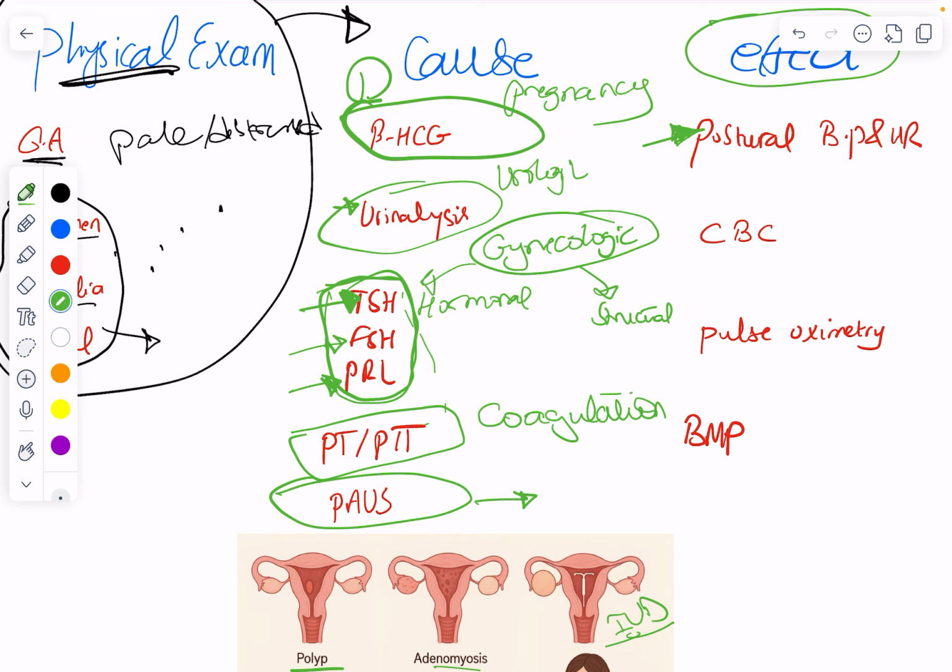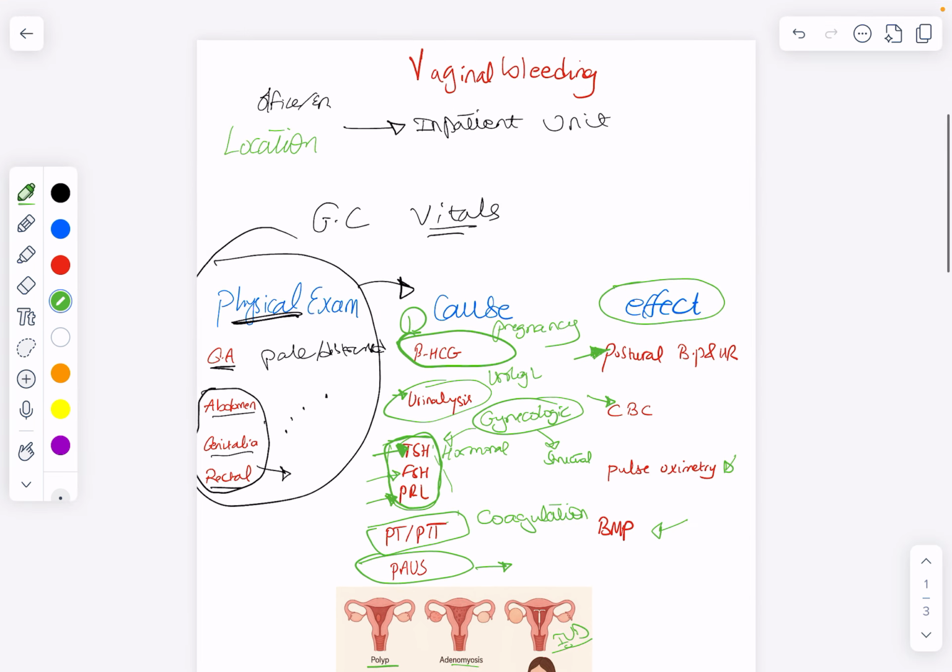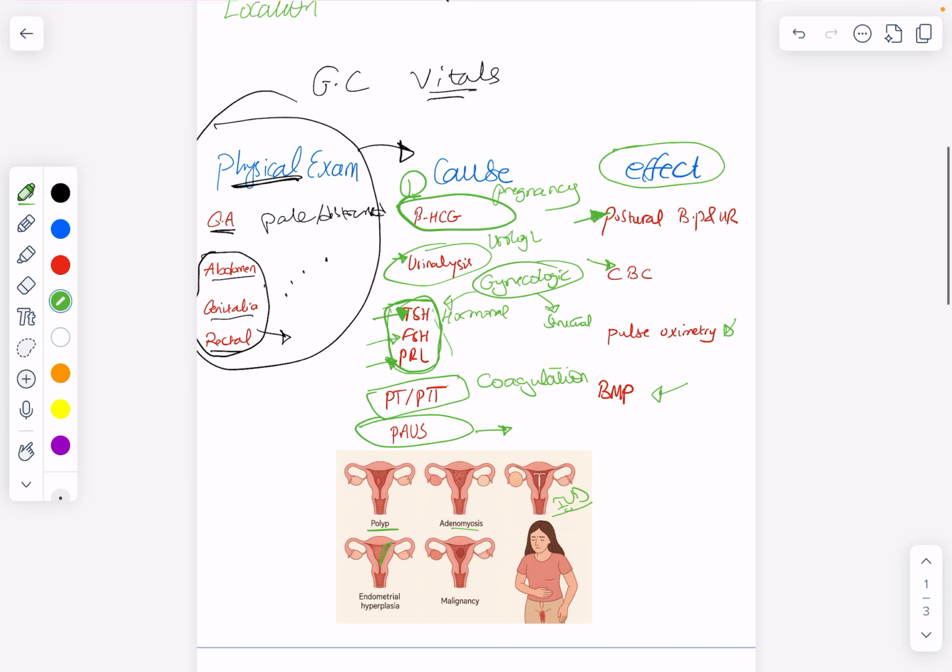The patient could be dizzy on standing up, a complete blood count to check for anemia since she's bleeding, and also possible infection from leukocyte count. A pulse ox is needed for any patient with shortness of breath, and a basic metabolic profile is needed in almost every patient coming in. So this way we've finished the patient's location and diagnostics.